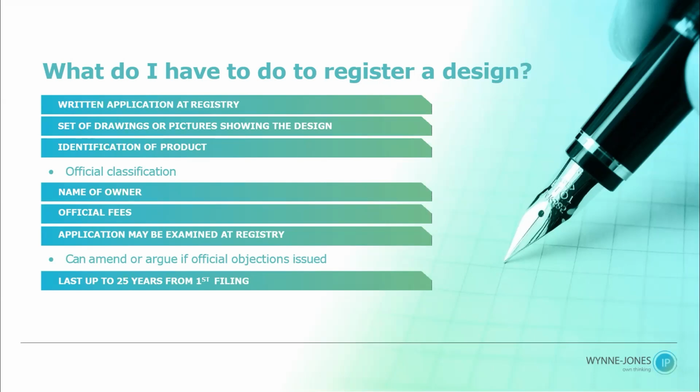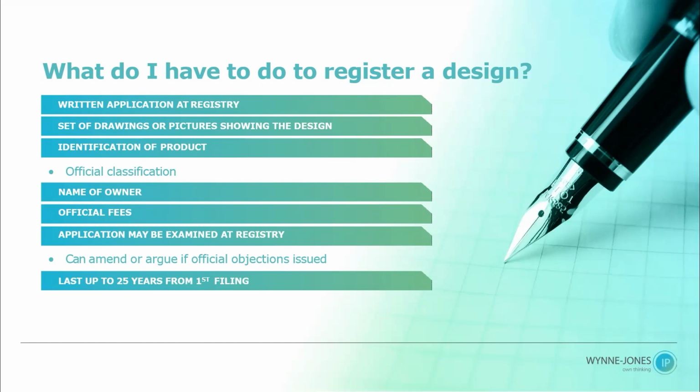Name of the owner again, official fees again. Applications can be examined at registries. Usually, it's whether the thing is entitled to be protected as a design, and whether the design is clearly shown in a way that's understandable. Some countries do comparative searching. Most don't.